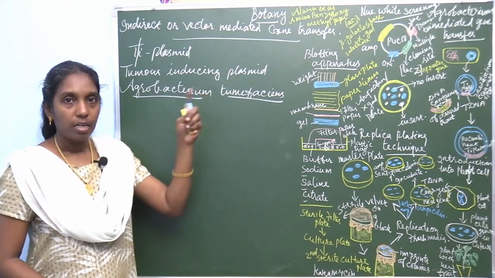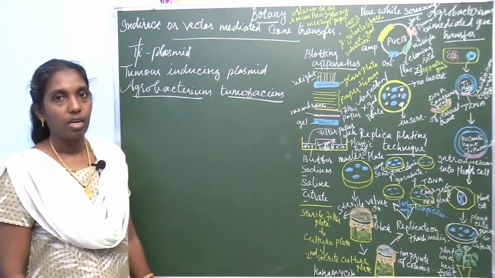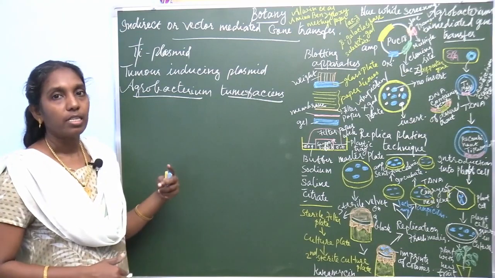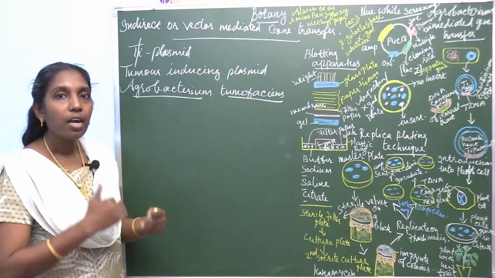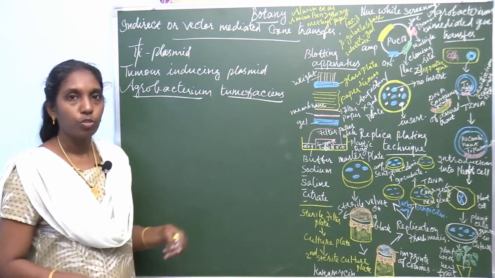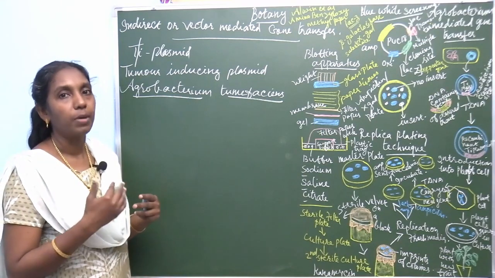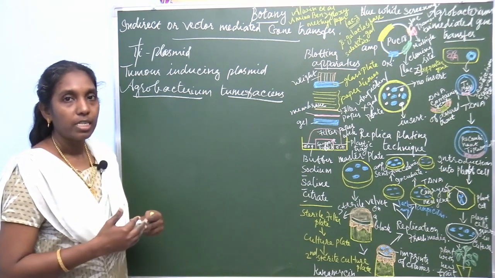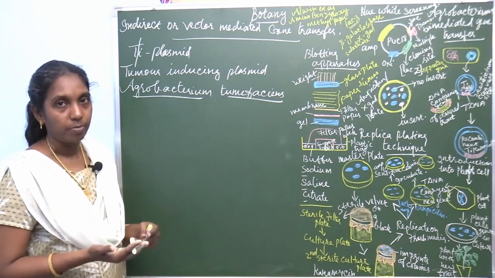The plasmid derived from Agrobacterium tumefaciens is widely used in gene transfer among plants. In plants, the Ti plasmid is extensively used.